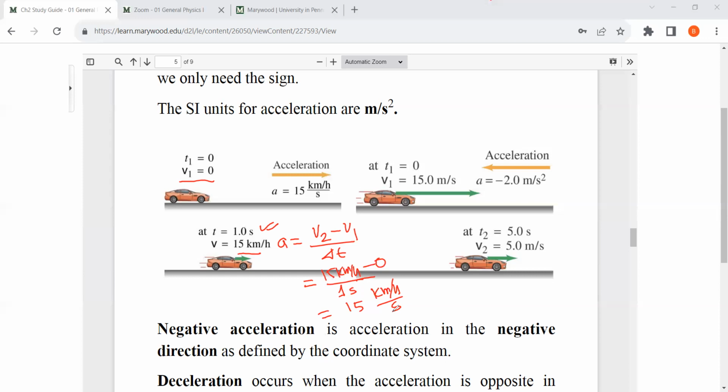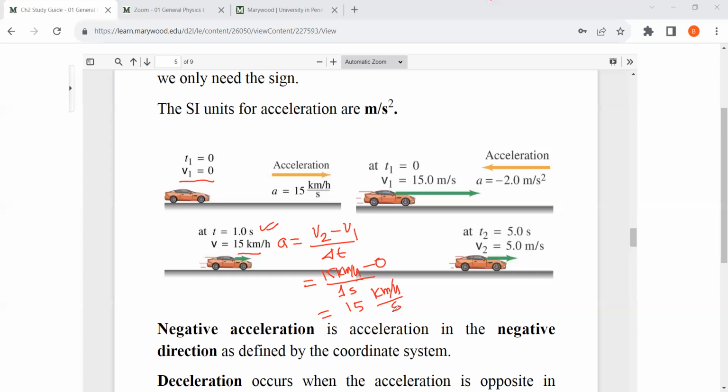So here what happened, the car was at rest, and then at 1 second the car's velocity increased to 15 kilometer per hour. Because the car's velocity increases, that means we are speeding up the car, so we are accelerating the car.